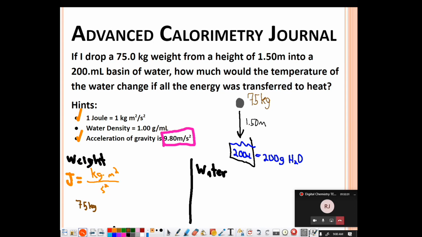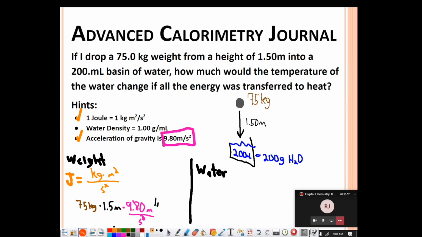I then have my meters that it fell, 1.5 meters. And then I've got my gravity, which is 9.80 meters per second squared. So as you see here, I've got kilograms, meter, meter, over seconds squared. So all of this together is going to equal joules.